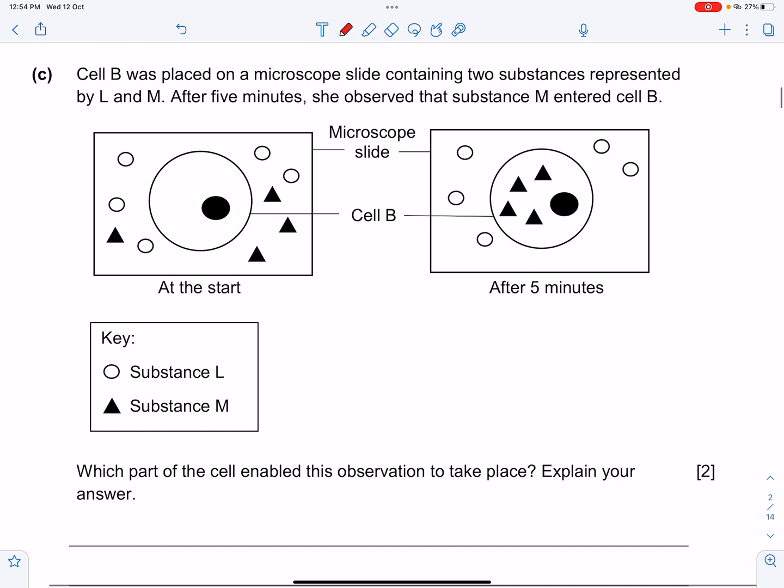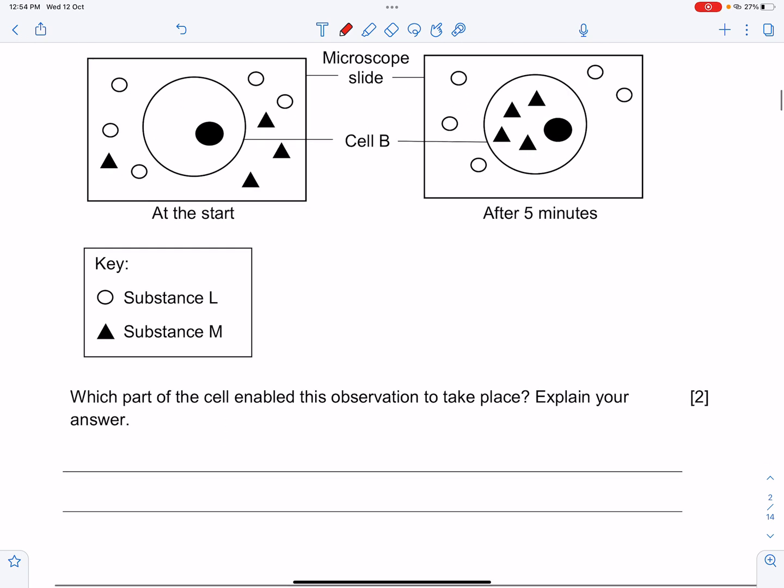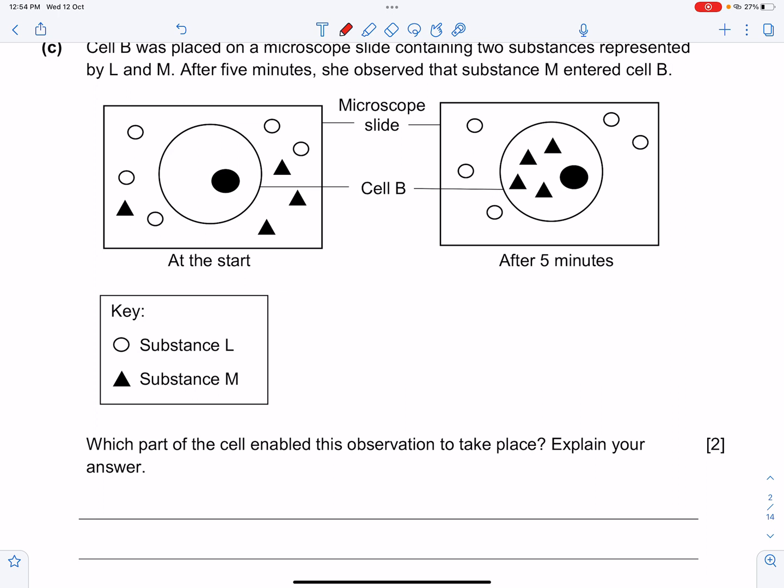Next, cell B was placed on a microscope slide containing two substances represented by L and M. After 5 minutes, she observed that substance M entered cell B. Okay? Alright, so this is what happens. So what does this tell you? L is still outside, but M went inside the cell.